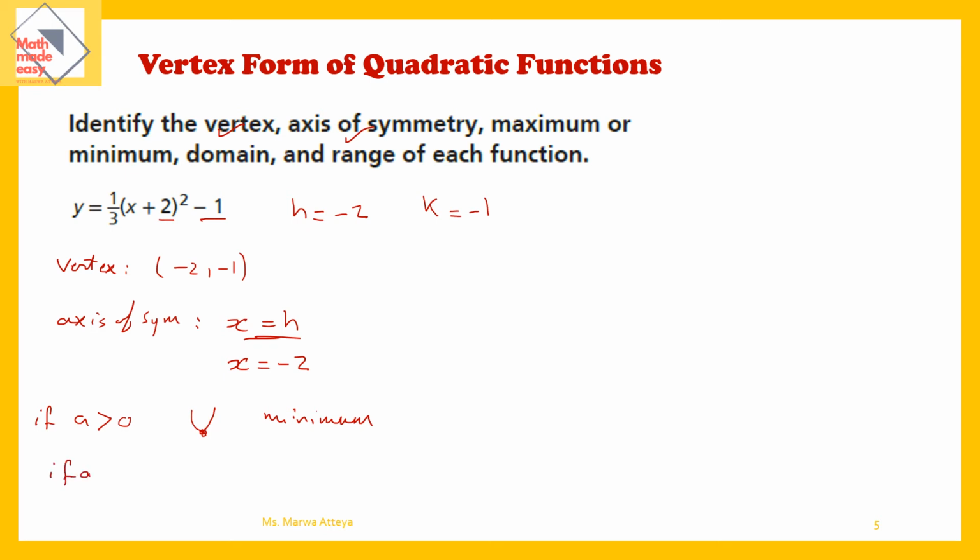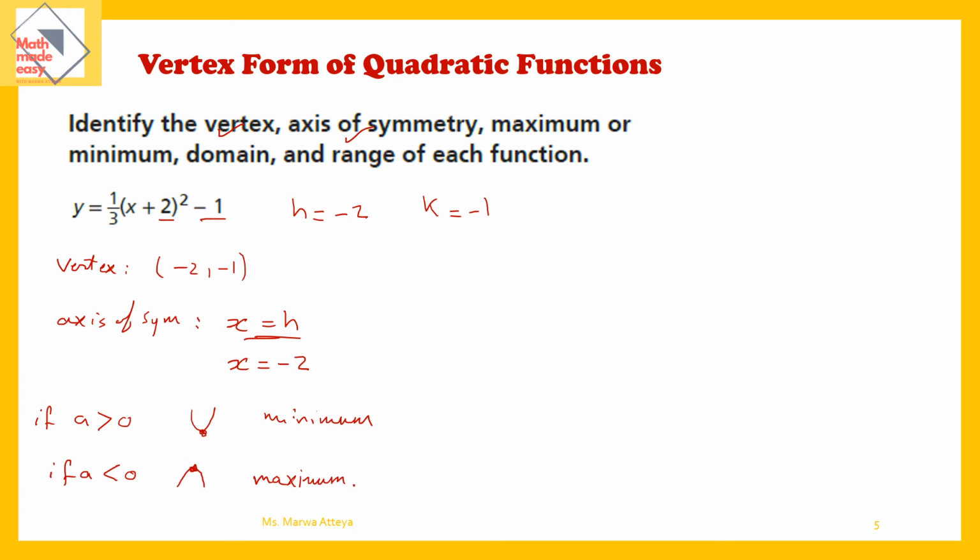If the value of a is less than 0, so if it's negative, like in the previous example, then the parabola will be opening downwards, and its vertex is going to be the highest point when it comes to the values of y, so we call it in this case a maximum.